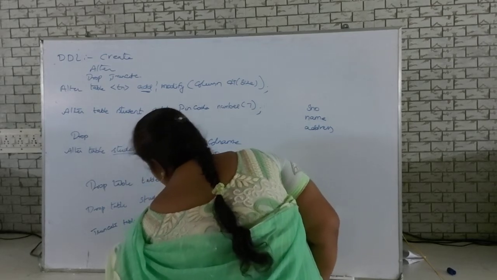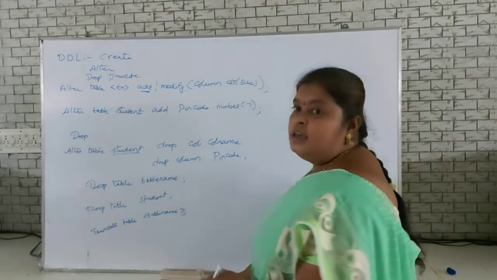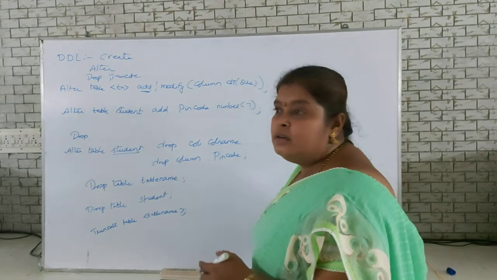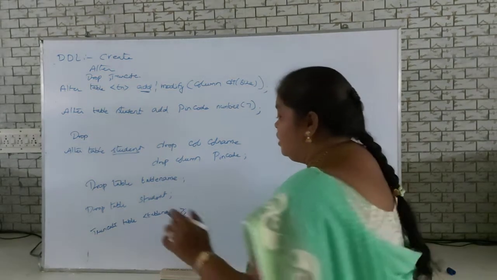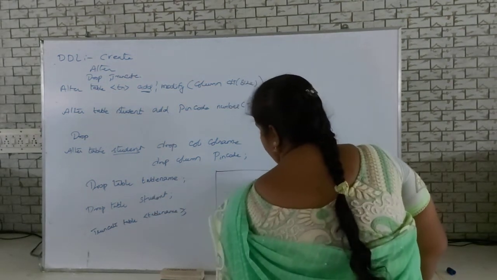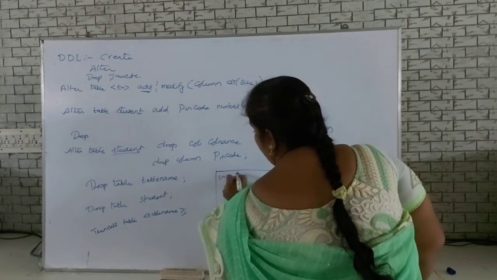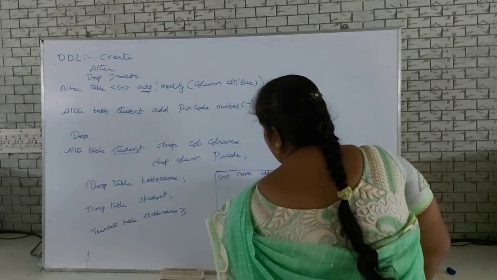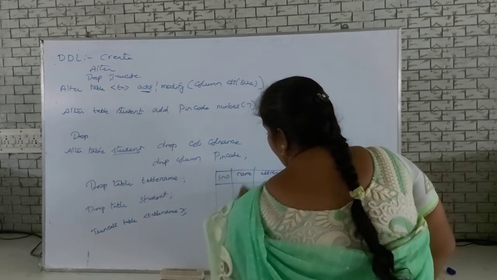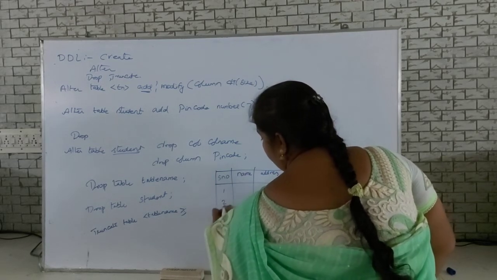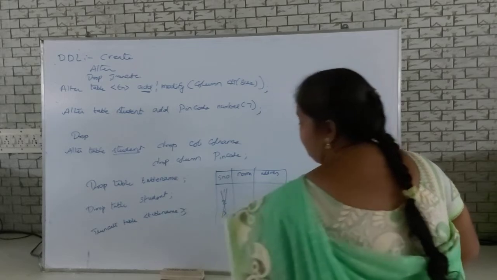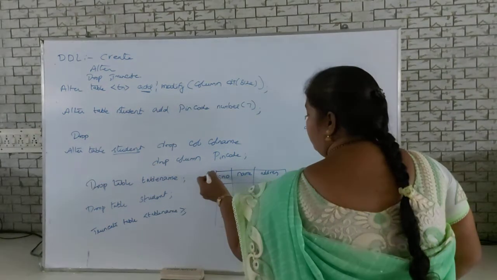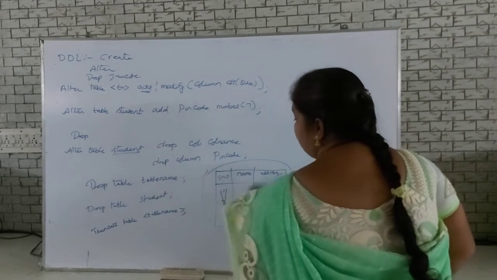By using this command, all the data in the table student can be deleted, but the structure will remain the same: serial number, name, address. If we use the drop command, the whole structure will be deleted.